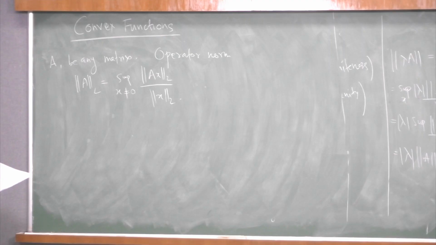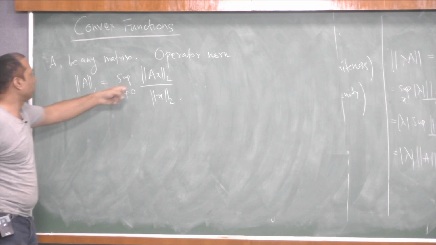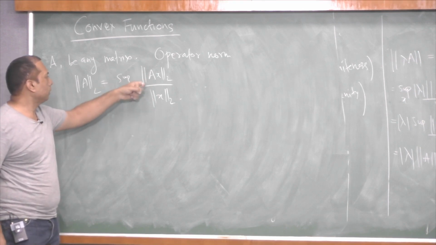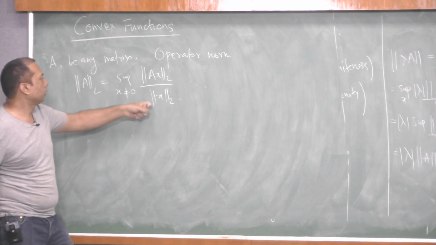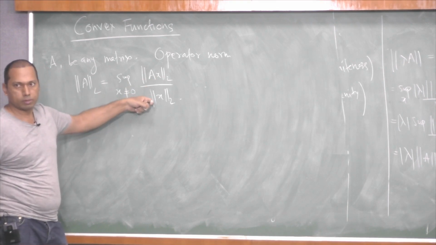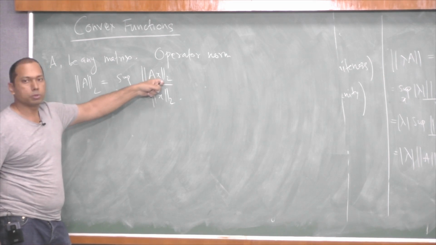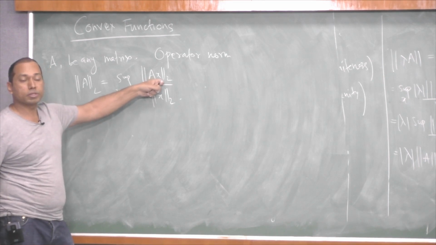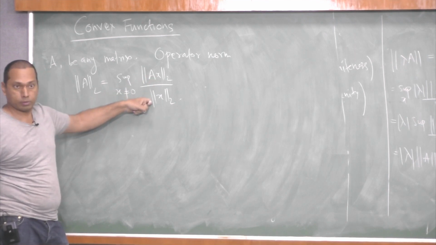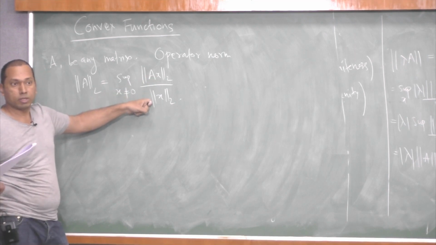Okay, so it turns out that this guy... Now it does make sense, because if you see which is the vector that will create the maximum stretching, right? When I apply A to some vector, which is the vector that will get relatively maximum stretched? It must be an eigenvector.